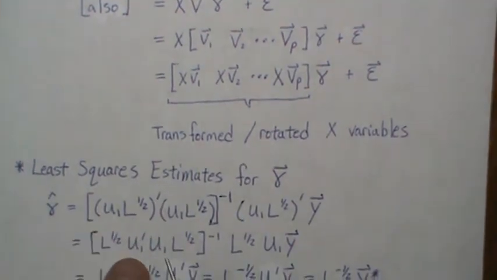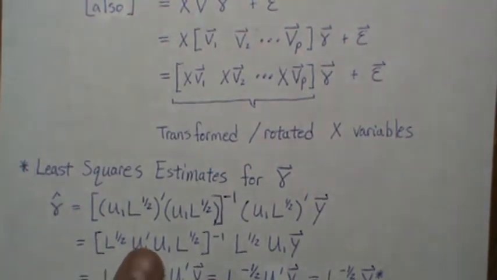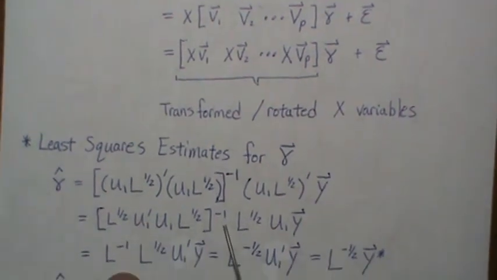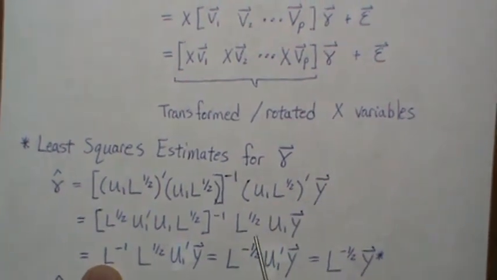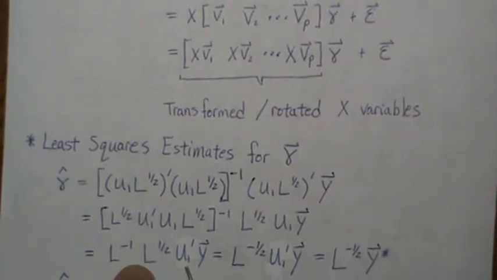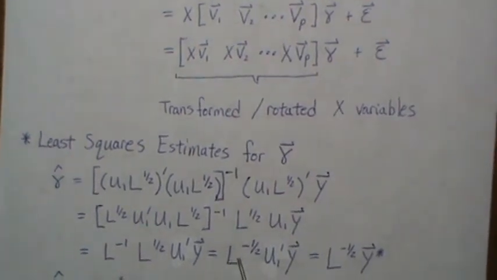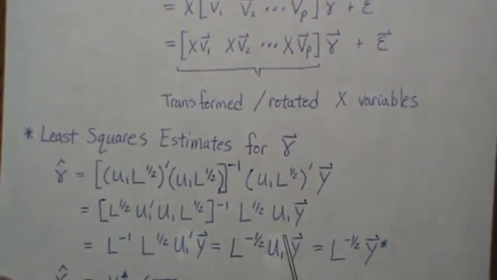So let's take the transpose in, we get this. Well, this is the identity matrix, and then that combines to L, and it's L inverse, that's what this is. And then here you can take the transpose in, you get this, and then this combines to L to the minus 1/2. Now if we rewrite this as, say, Y star, then we get this.